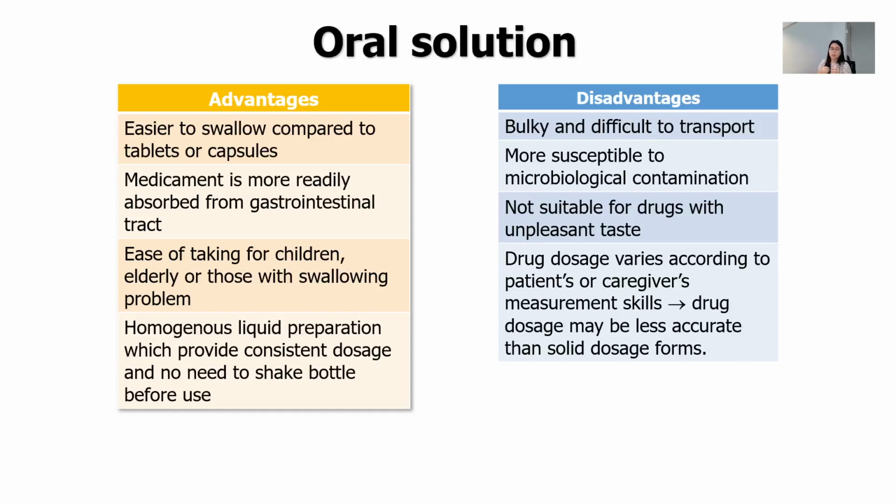If they are not too skillful and they measure the amount of drug wrongly, then the amount of the medication that the patient should take is actually wrong. So for oral solution, this is one of the disadvantages whereby we need to train or educate the patients on proper withdrawing or proper measuring of the milliliter of the oral solution so that the amount of drug is correct.